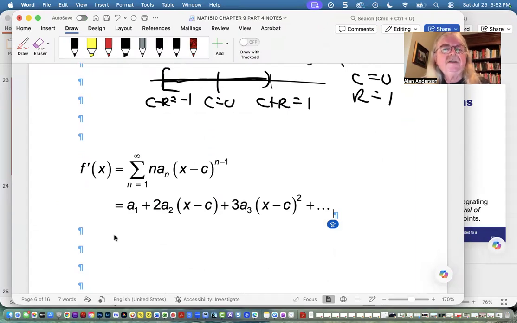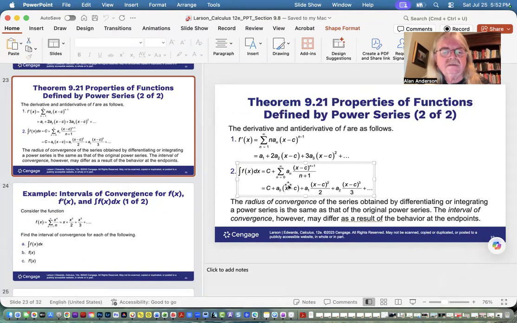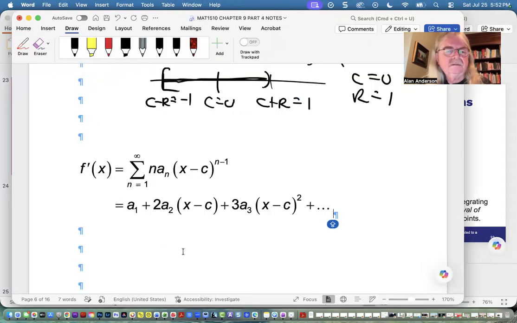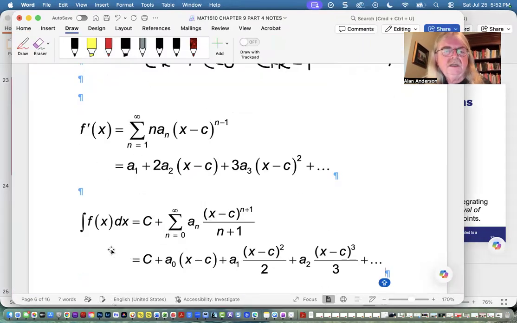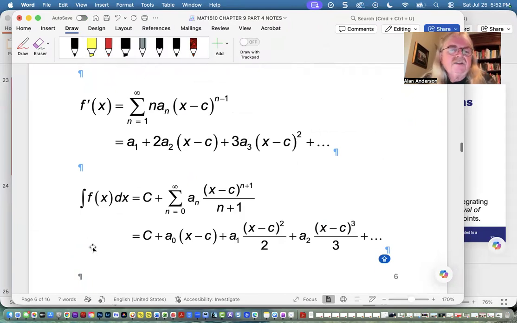And then for the integral, we have, again, just the power rule applied to this function, except that it's integration. And of course, we don't forget the c. In case you need to take a derivative or an integral of a power series, here's how it's done.